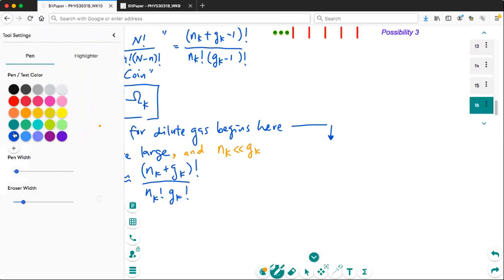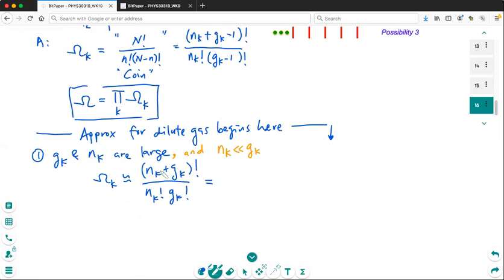Okay, what is this number? You can just write it out. You have NK plus GK. You have NK plus GK minus 1. And then NK plus GK minus 2. And then you keep doing this until you reach GK plus 1. And then you have GK factorial.